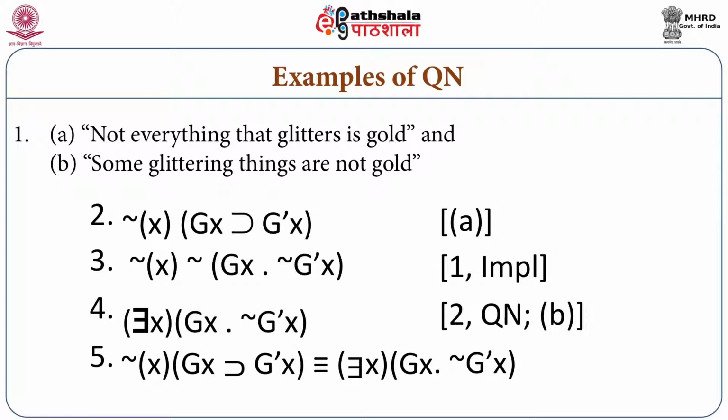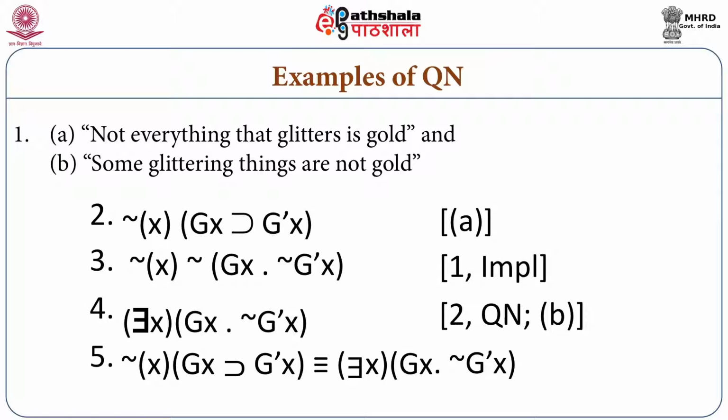That is, I am trying to show the equivalence of implication and conjunction, and then appropriate replacement. Now, fourth, by logical equivalence, which is quantificational negation, the rule we have just seen, in the fourth step, universal quantification can be replaced by existential.